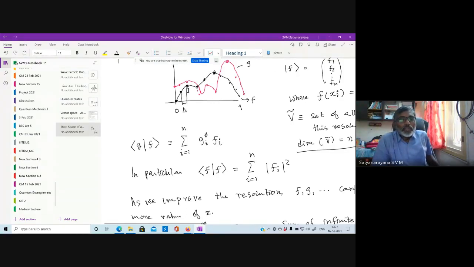Here, even though I know only n points, I am just connecting them. But this is probably not the curve, because I don't know between these 2 points what the value of the function is. So this is just a guide to the eye. To know the actual function, you should know its value at all the infinitely many points.